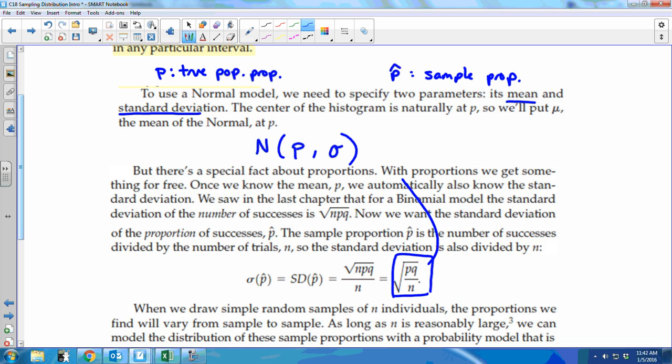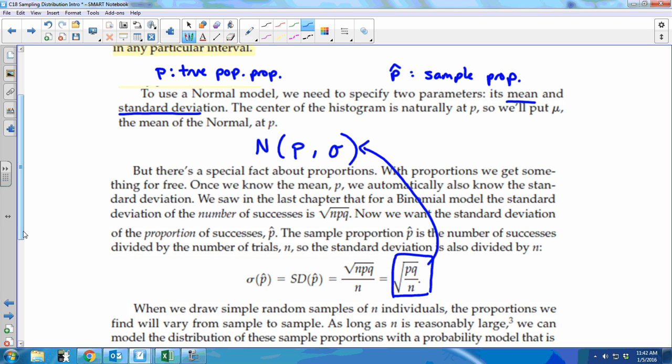So our standard deviation we're going to use for this model is always going to be the square root of p times q divided by n. Again, p is the proportion, q is 1 minus p, and n is the sample size. Is everyone okay with the notation for that and what all those letters stand for?